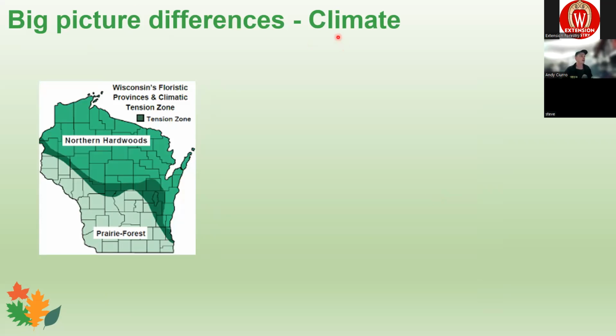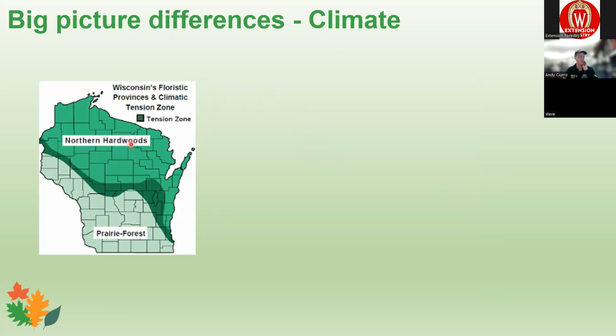So another couple things I just wanted to mention, some big picture differences. The trees you find are going to vary based on where you are in the state too. One of the reasons is that Wisconsin actually has two distinctive climate regions you can think of.